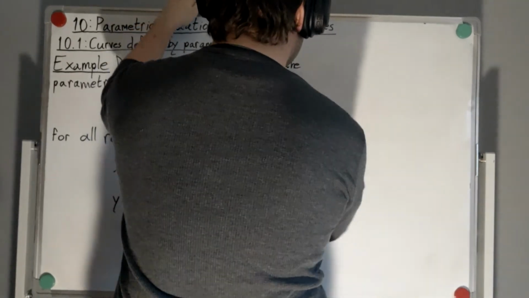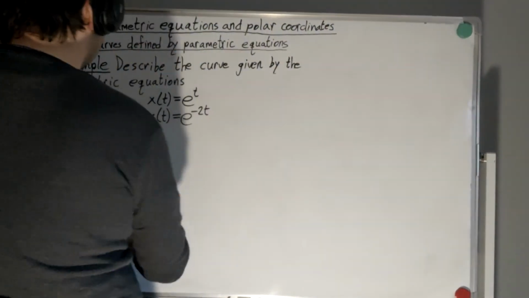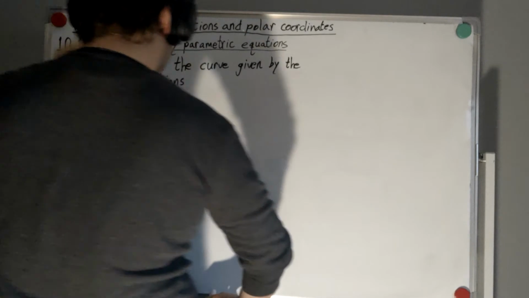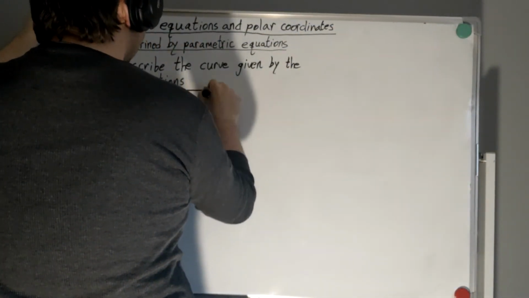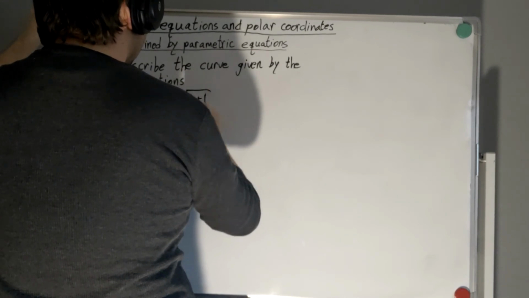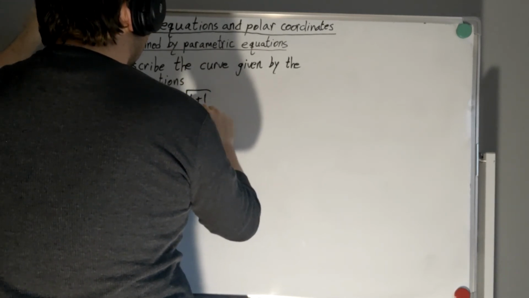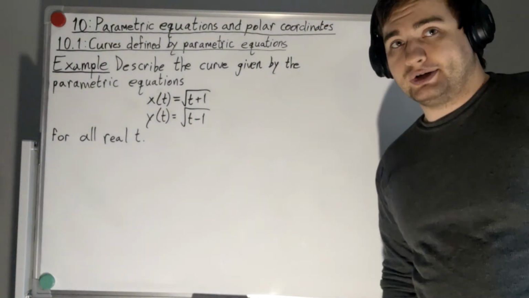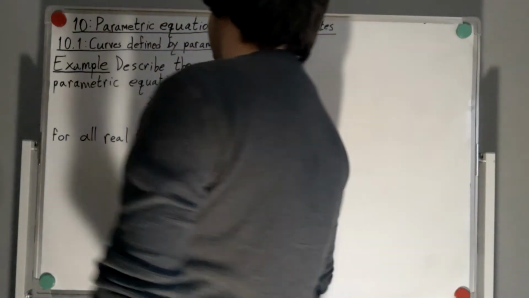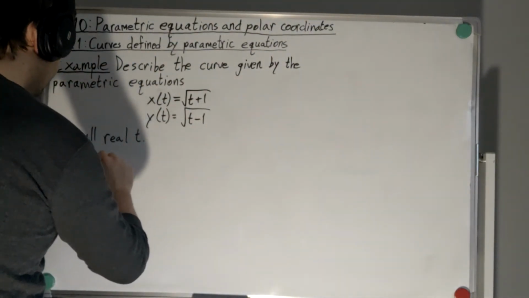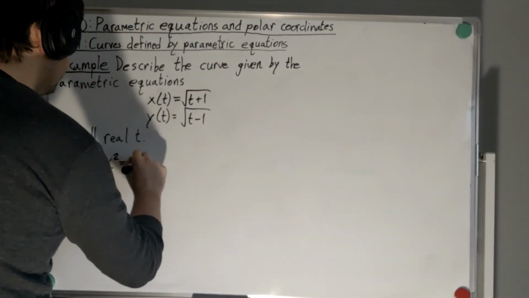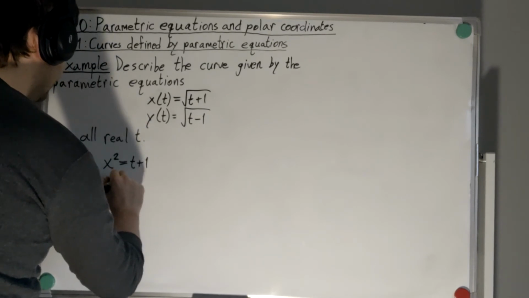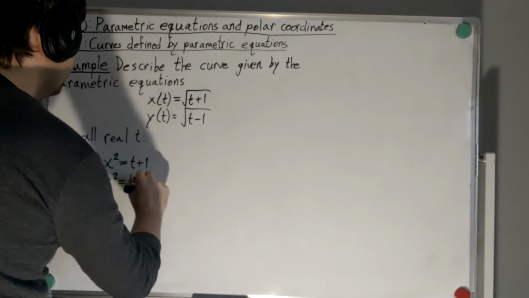Okay. Then suppose we have x is root t plus 1, y is root t minus 1. Now to come up with a Cartesian description, all you have to do is say x squared is t plus 1, and y squared is t minus 1.